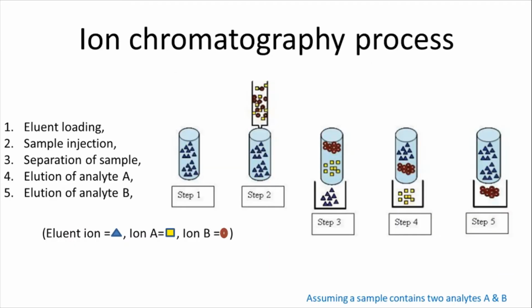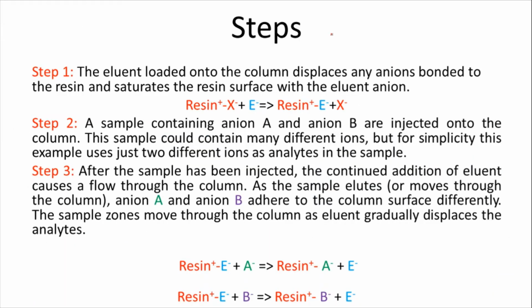Next, go here. I have mentioned the equation in detail. Step one: the eluent loaded on the column displaces any anion bound to the resin and saturates the resin surface with the eluent anion. This is the already chosen resin.